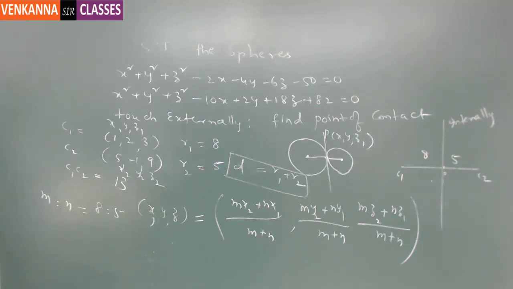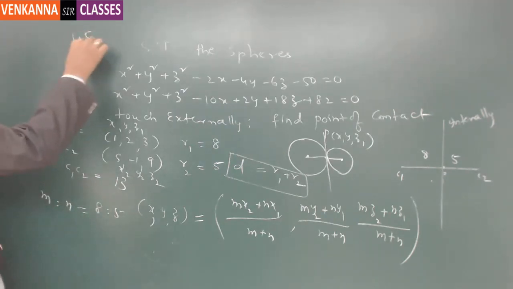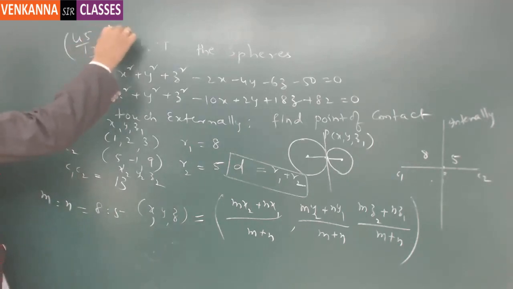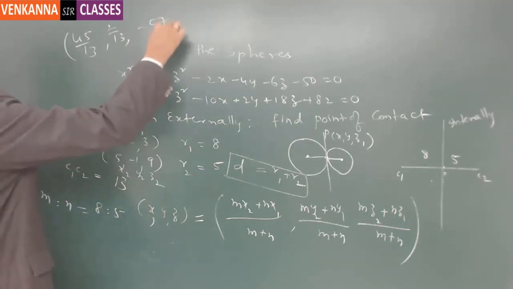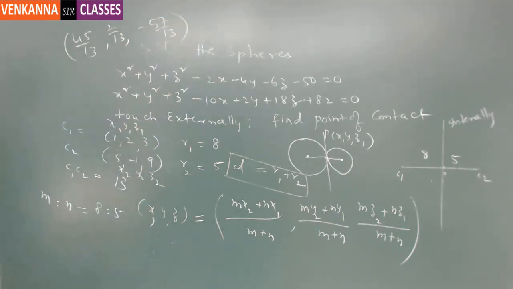So by applying the formula, you will get the point of contact as 45/13, 2/13 and minus 57/13. So please confirm the answer.